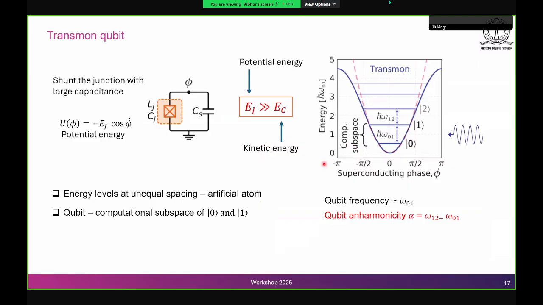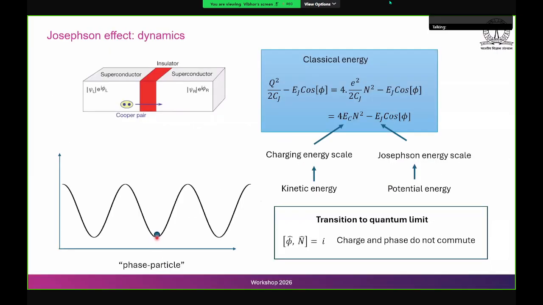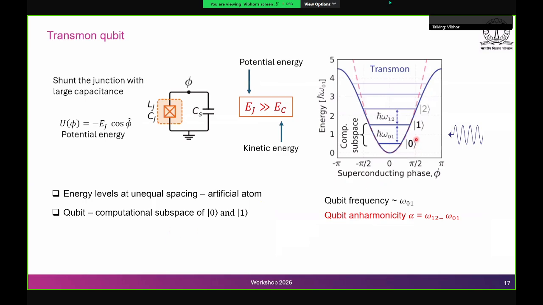If we think about the earlier picture, we can imagine a fictitious phase particle, and if we compute its energy, the energies will be something like this. But now we have modified the harmonic potential that we had for a linear inductor to a cosine-like potential.